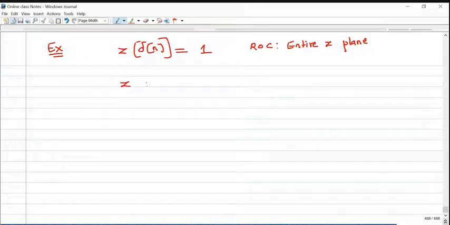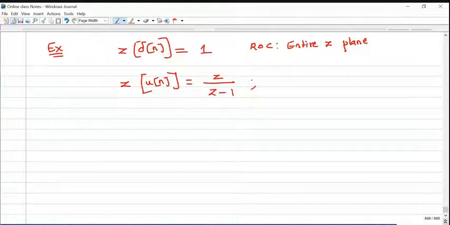And the Z transform of u of n: if you find it, you will get z divided by z minus 1, and your ROC is modulus z greater than 1. Okay, these are some standard formulas.